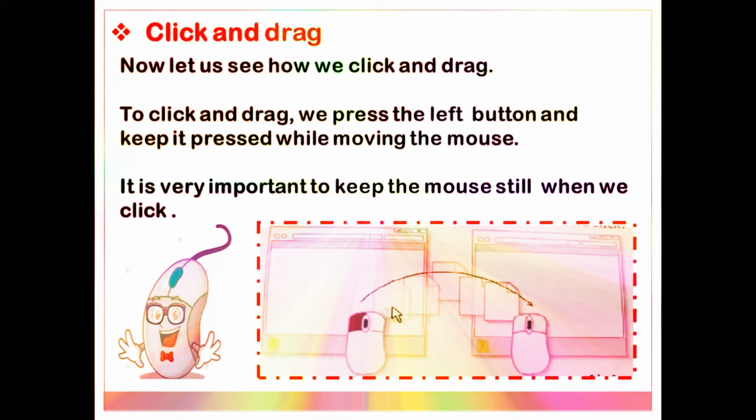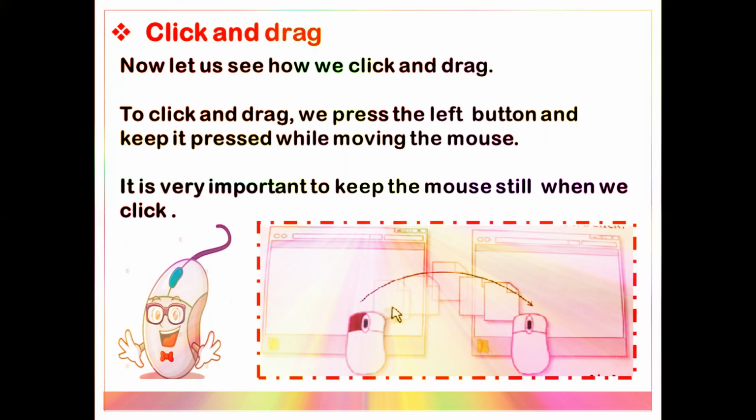Click and drag. Drag and drop is another word for it. Drag means we are dragging the mouse along with the item. Click, drag and drop are three basic functions that we can call a single mouse action.